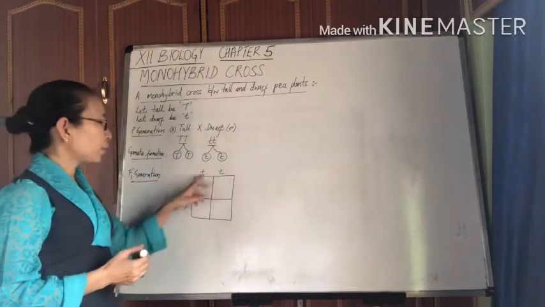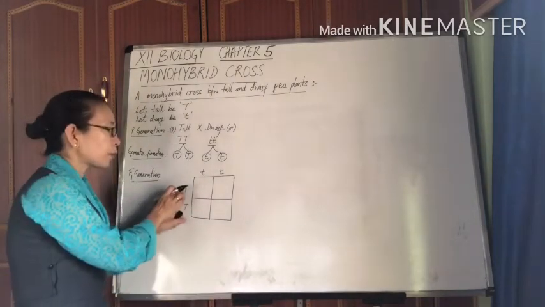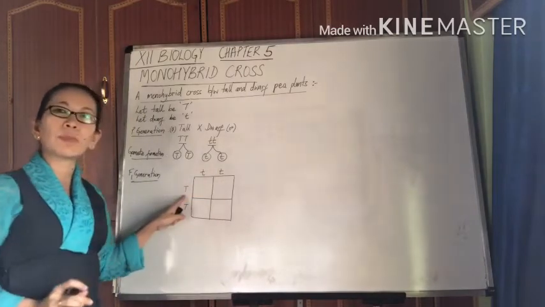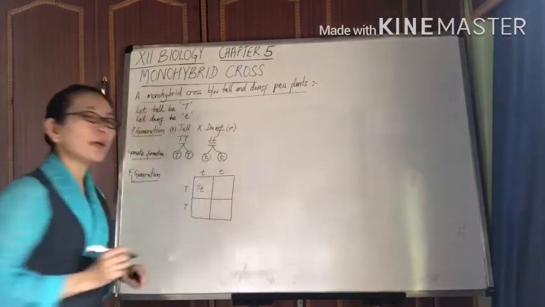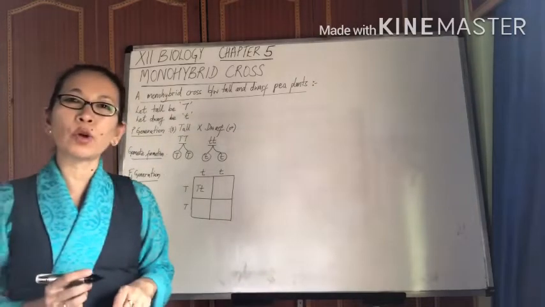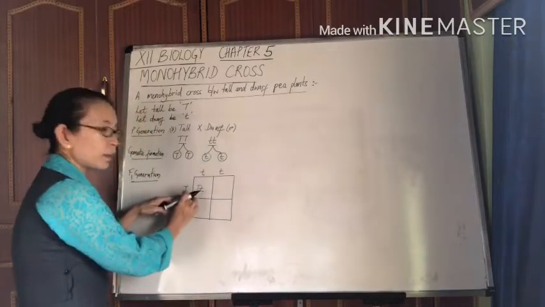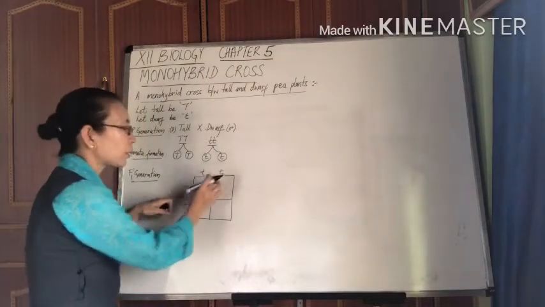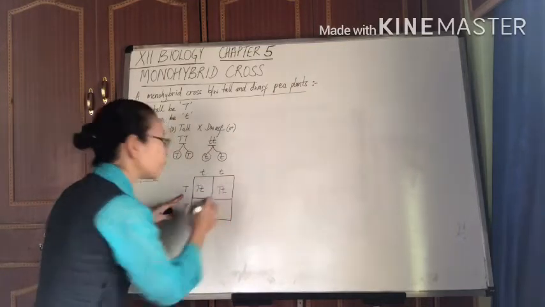So in the first possible combination, we take the first female gamete and the first male gamete, and this results in a capital T small t combination of genotype. Then the second possible combination is the first female gamete T with the second male gamete small t, and again it's going to be capital T small t.